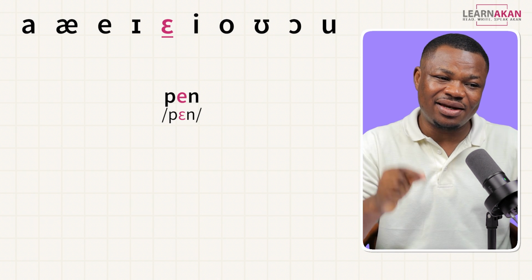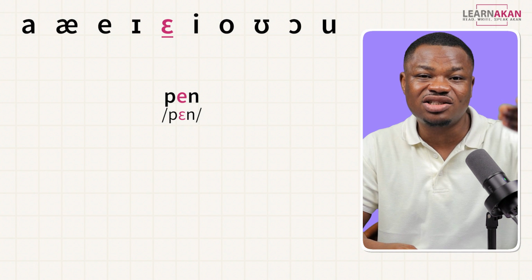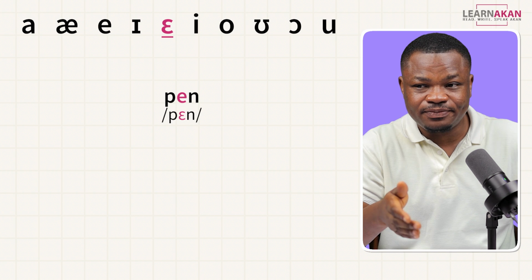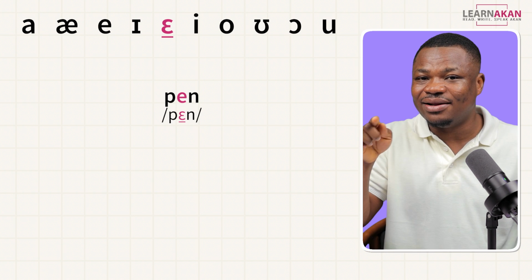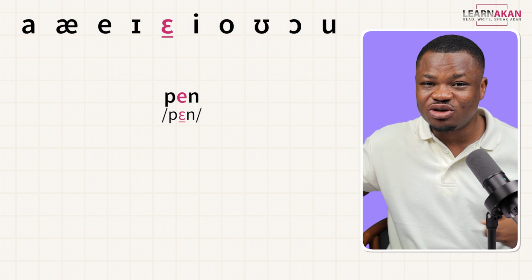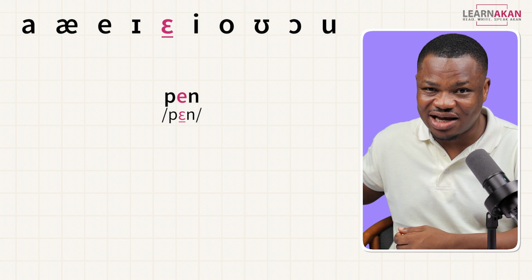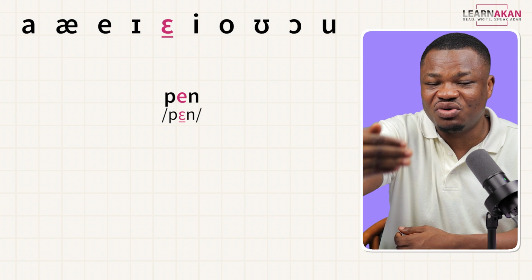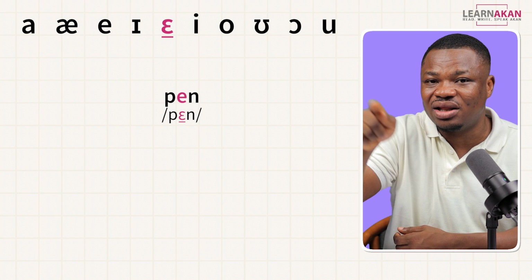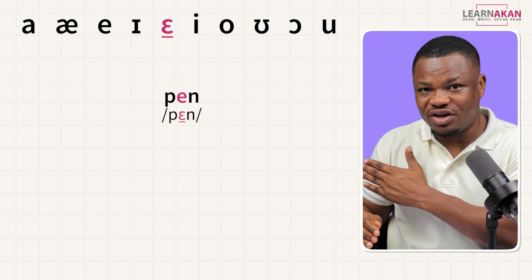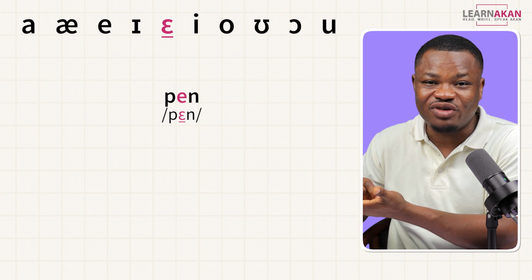So, again, if you check with your English dictionary, you find that when we transcribe pen, you will find this e in there. So in terms of the vowel sounds in English, we actually do have this e sound, but we don't write it in standard English. We represent that in English with the E letter, right? But in Twi, we actually have it at the level of writing as well.